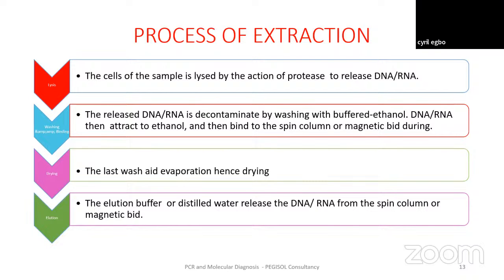The binding we are talking about is, when you pour this sample into your spin column, there is a silica membrane that is part of the column. Or if you are using an automated process, there are magnetic beads that are part of the automated machine that bind this DNA or RNA. Then the next stage is washing and drying.